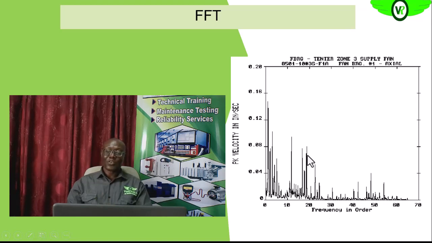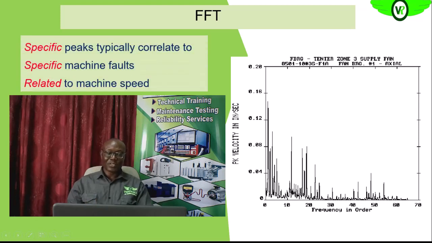So if it goes beyond the tolerable limit, then you will know that the bearing is actually getting bad. Okay, so this is the fast Fourier transformation.